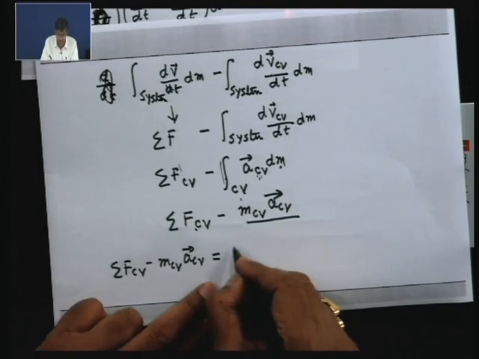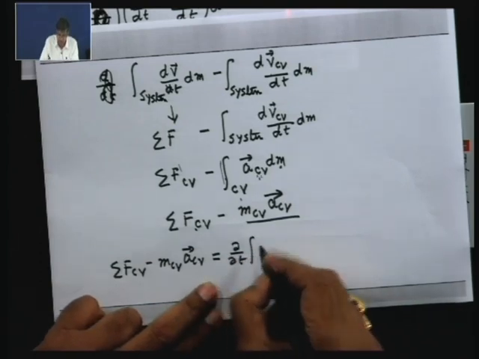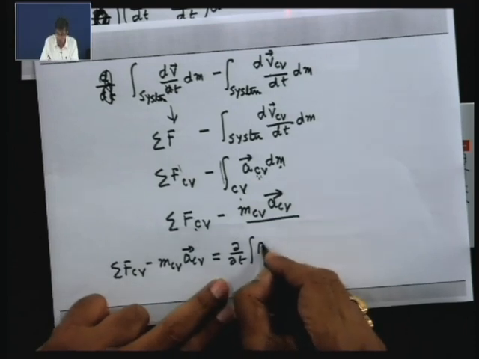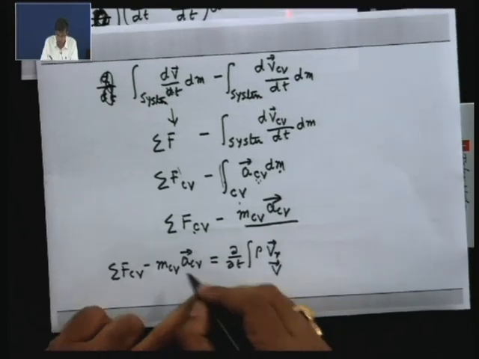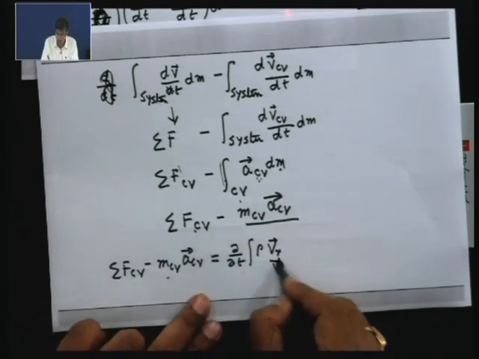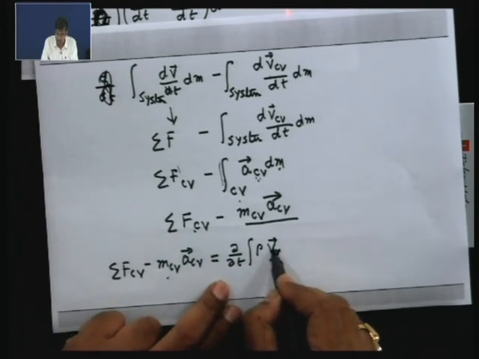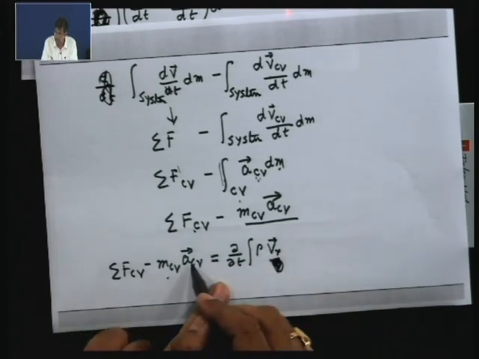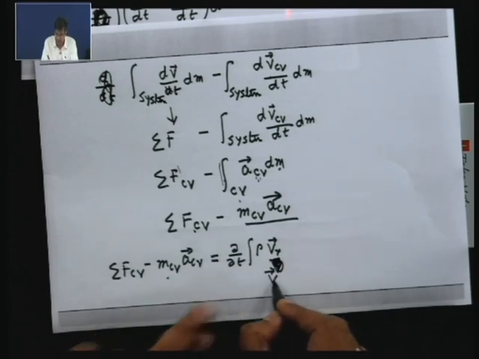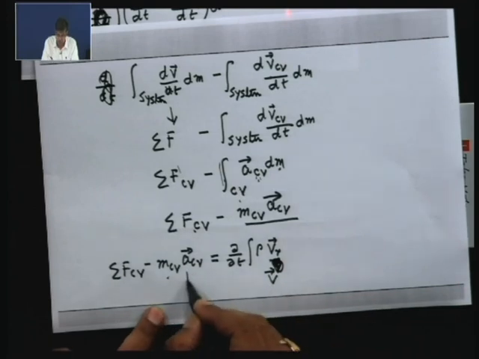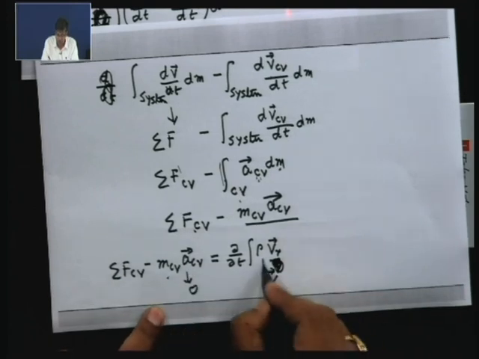Again I am writing, it will be the same: del del t of the integral of rho V_R. Here, either you write V_R or you write V, it does not matter. When you write V, then this thing is 0. When you reference it with V_R, then this thing will come. That means when you write the velocity with respect to an inertial frame of reference, static or moving with uniform velocity, then this will be 0.